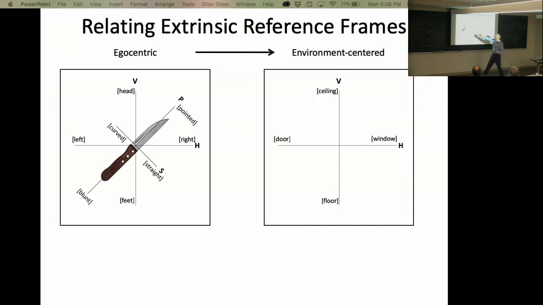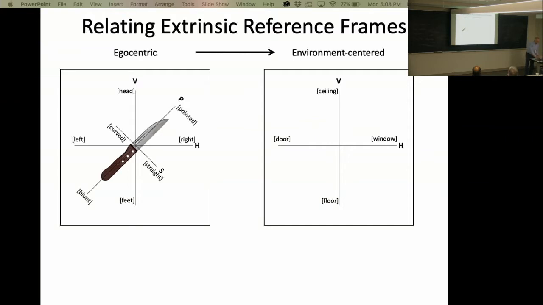Imagine I'm just wanting to represent this picture relative to the room. Now I got lucky, it turns out that this room actually does have a door over there and a window over there. Go figure. And so what I need to know is how I should represent this object in an environmental frame of reference with a horizontal axis defined with a door end and a window end, and a vertical axis with a ceiling and a floor end.